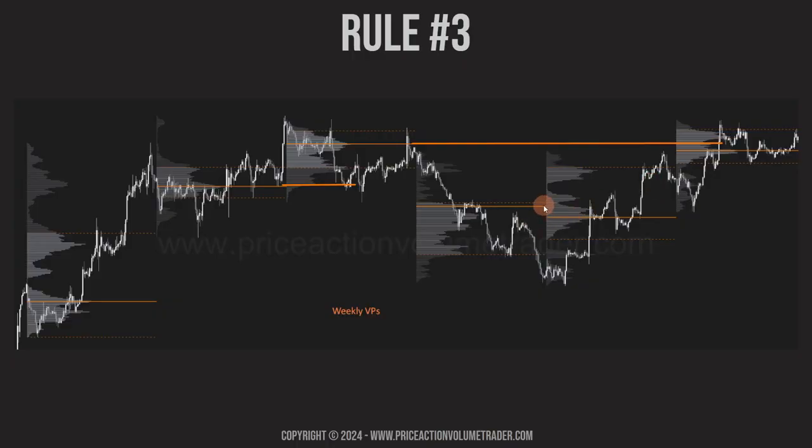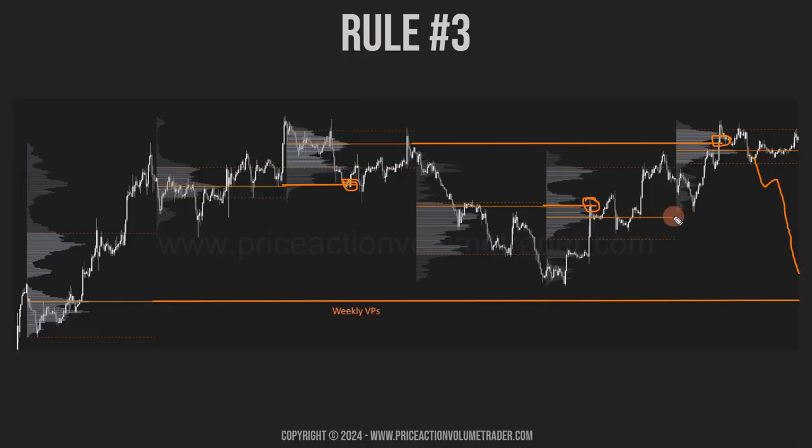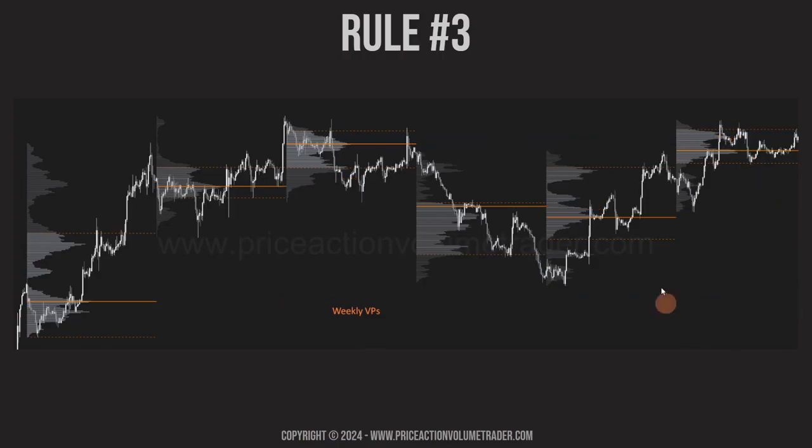If we just extend these, you can see how all this would have provided good targets, and a lot of them gave us some nice fades actually from them. But this is how, in this one, for example, it hasn't been tested, but we would just project it into the future. And if this market starts breaking down, this is another one that hasn't been tested, then we would be tracking these naked points of control as well.